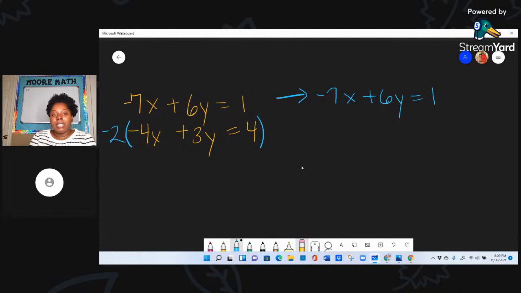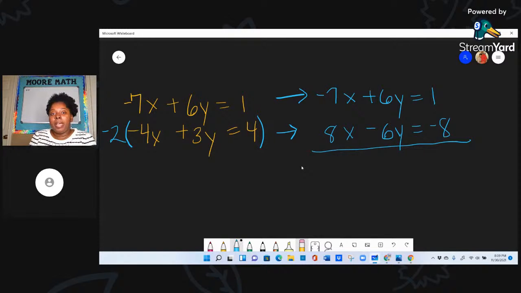Tell me what the second equation turns into. 8x plus negative 6y equals negative 8. Good.